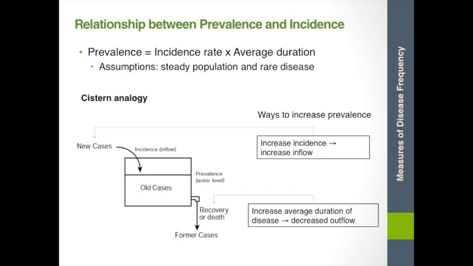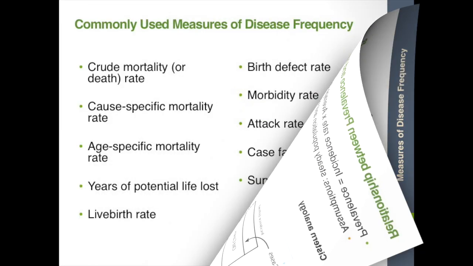If we start from a steady state again, and the rate of rainfall remains constant, but the outflow increases, then the height of the water, which is the prevalence, will fall. On the other hand, if incidence is held constant but the outflow falls, that is to say the lives of prevalent cases are prolonged but they are not cured, then the height of the water will rise.